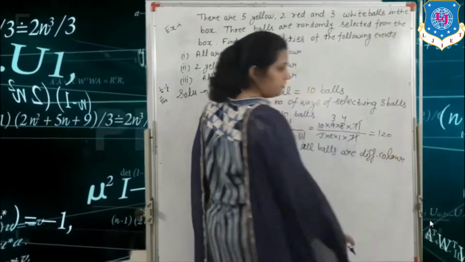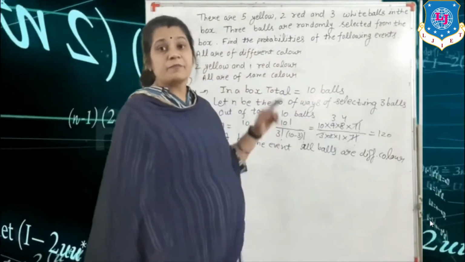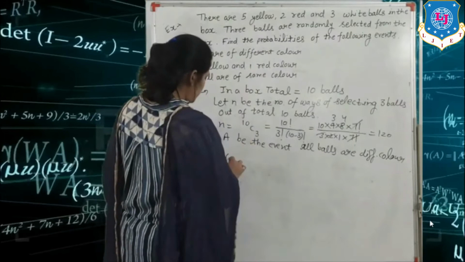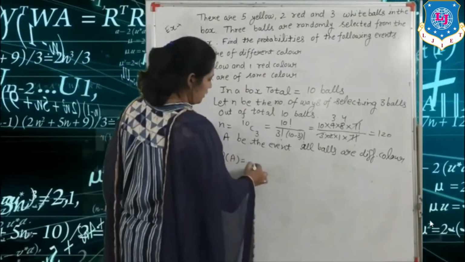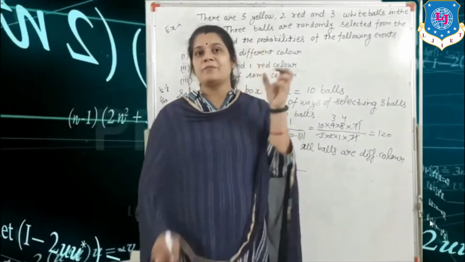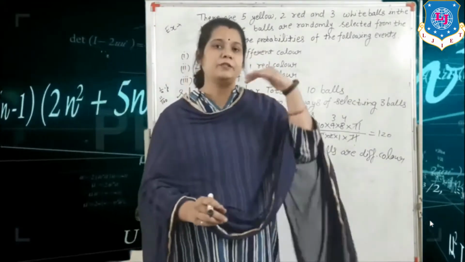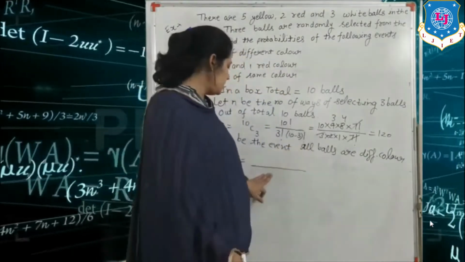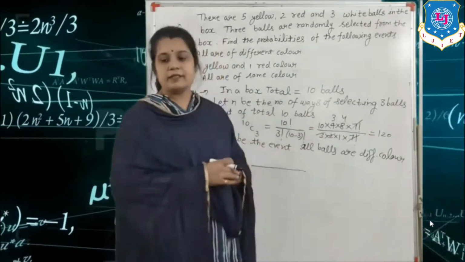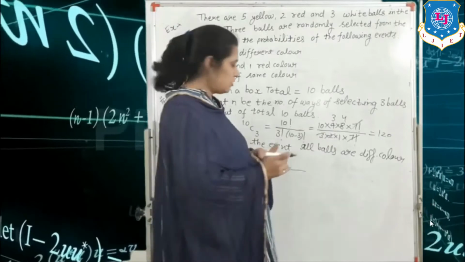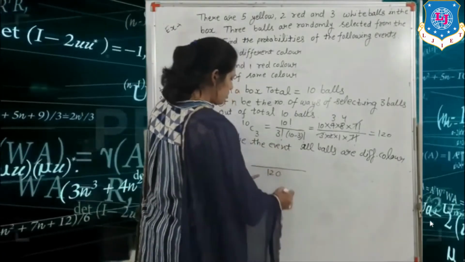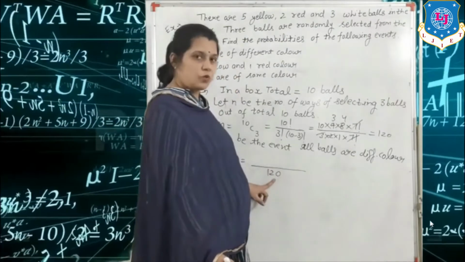Capital A is the event where all balls are of different colors. So the probability of A is equal to what? The total favorable events in the numerator, and the total possible outcomes, or total exhaustive events, in the denominator. In the denominator we write the total possible outcomes, 120.